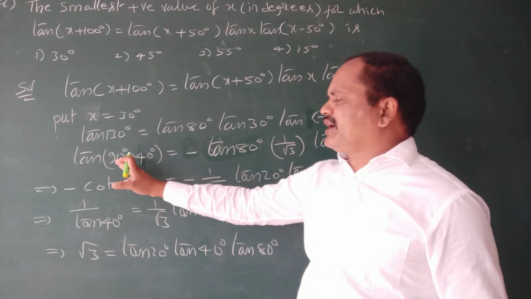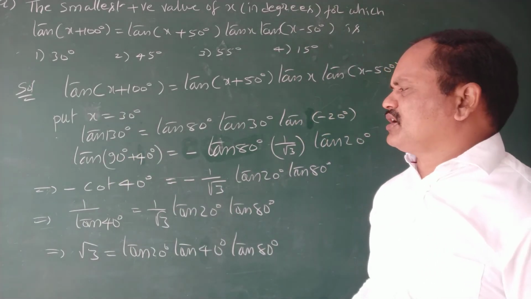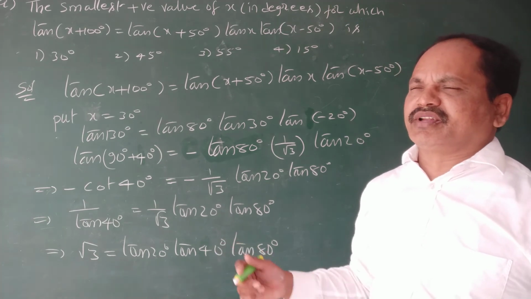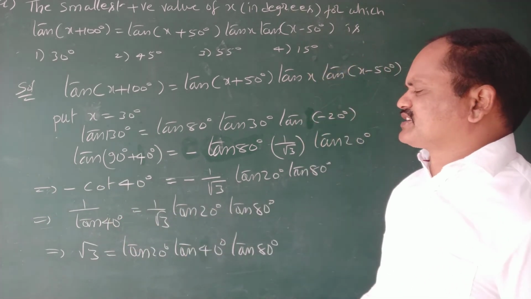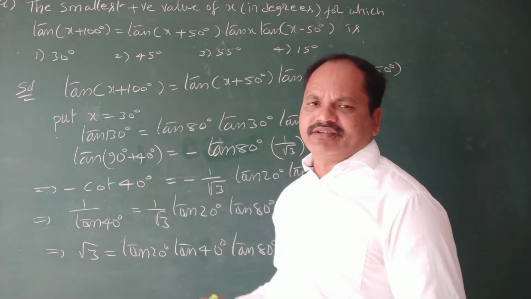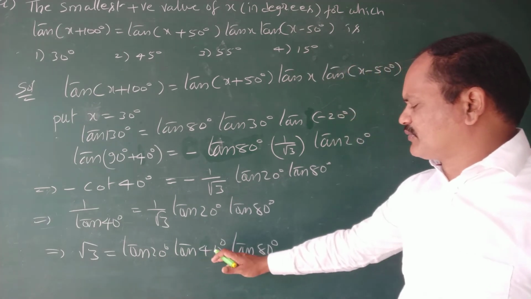Now tan(90 plus θ) belongs to the second quadrant. In the second quadrant tan is negative, and at the same time it gives cot, that's why minus cot 40. So both sides' minus signs get cancelled, and this can be written as 1 by tan. Applying cross multiplication, root 3 is equal to tan 20 tan 40 tan 80.